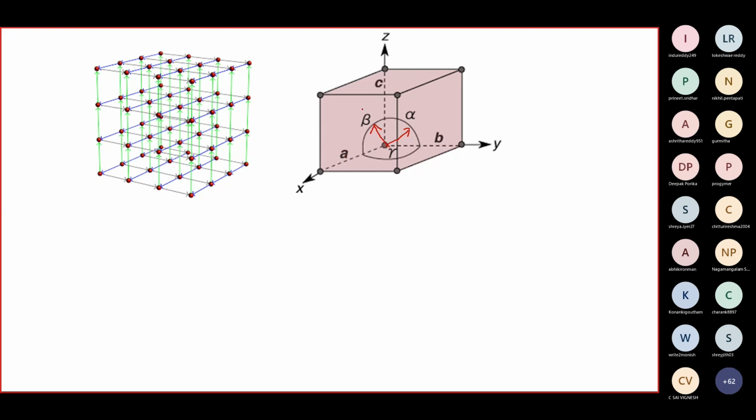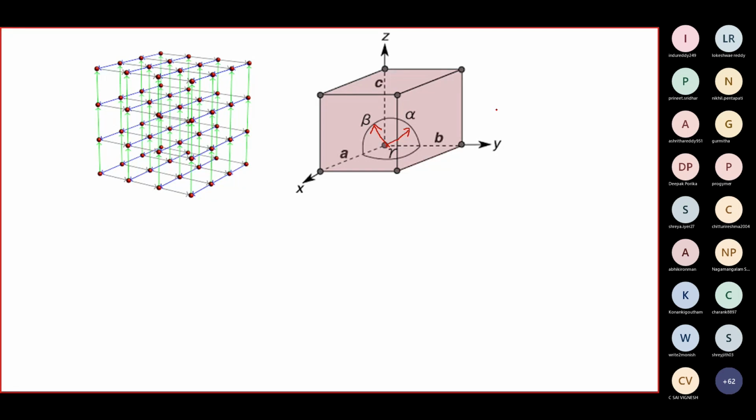Based on these basis vectors A, B, C and angles alpha, beta, gamma, we have to define the different possible crystal systems.